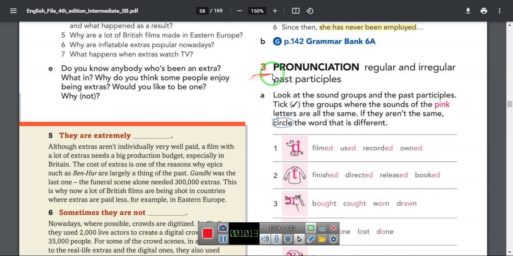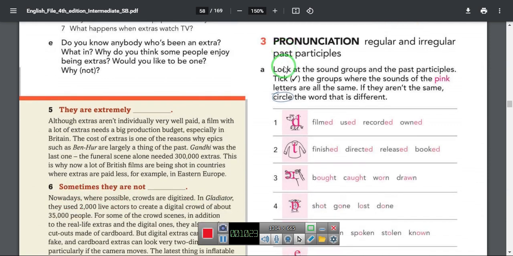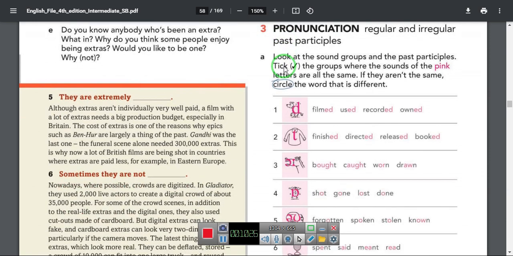Sorry. Section 3. Pronunciation. Regular and irregular past participle. Look at the sound groups and the past participles. Tick the groups where the sound of the pink letters are all the same. If they aren't the same, circle the word that is different. Итак, посмотрите на розовые звуки.